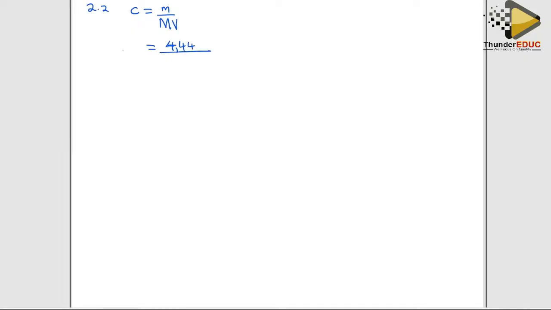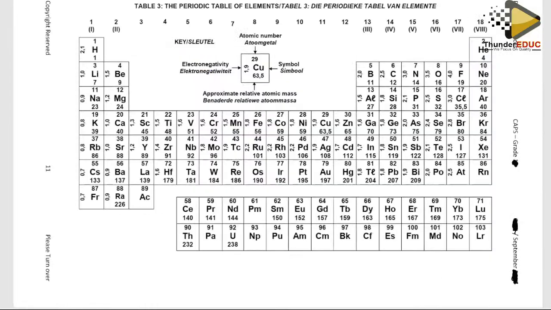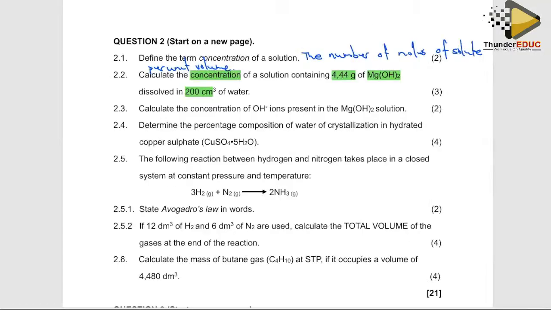So if you had to calculate it for your magnesium hydroxide, we are going to say Mg, which is 24. Then bracket there, we're going to add 16 times 2, which is 32, and then 1 times 2.